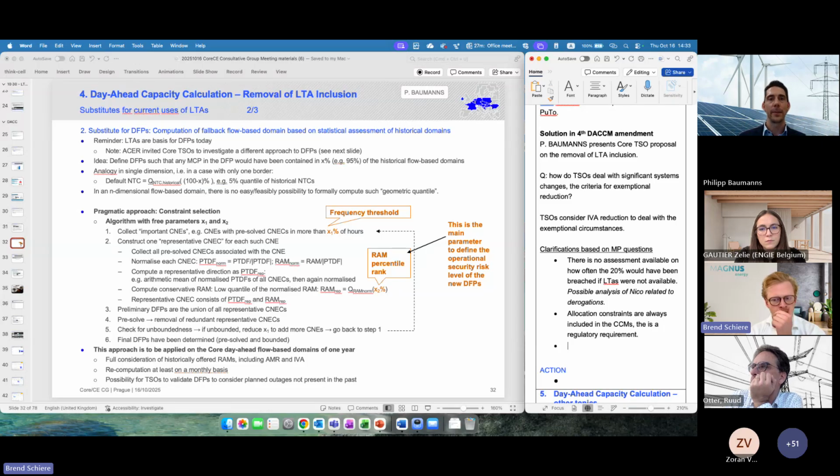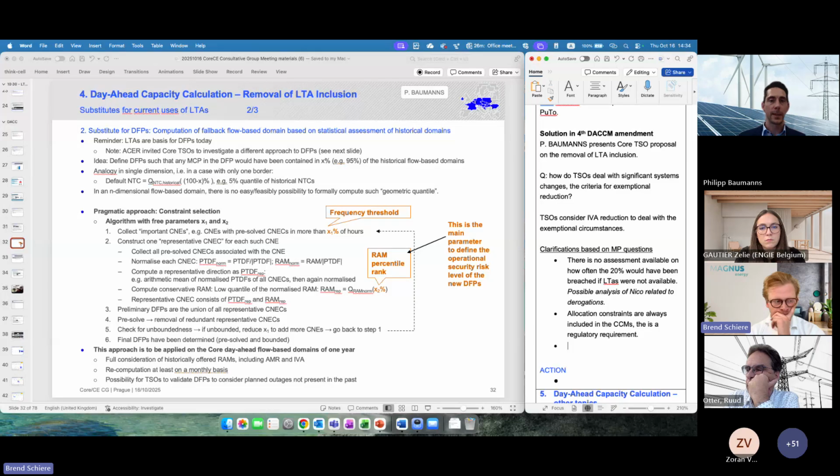Obviously, in the n-dimensional flow-based domain and for multiple hours, it is not that easy to compute such quantiles. So we came up with a pragmatic but still statistical approach, which we call the constraint selection. This algorithm itself is described in detail in the methodology proposal.